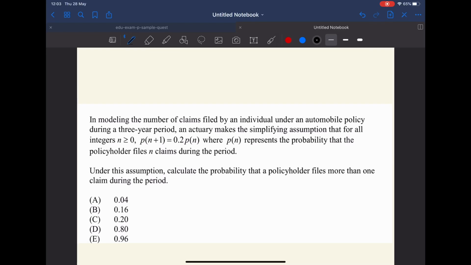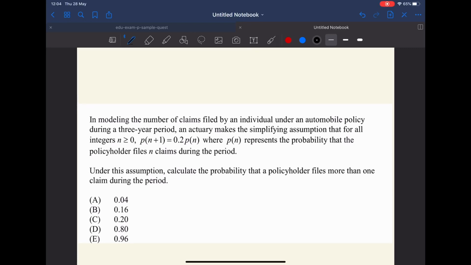Welcome back, guys. In this problem, we are told that in modeling the number of claims filed by an individual under an automobile policy during a 3-year period, an actuary makes the simplifying assumption that for all integers n greater than or equal to 0, p of n plus 1 equals 0.2 p of n, where p of n represents the probability that the policyholder files n claims during the period.